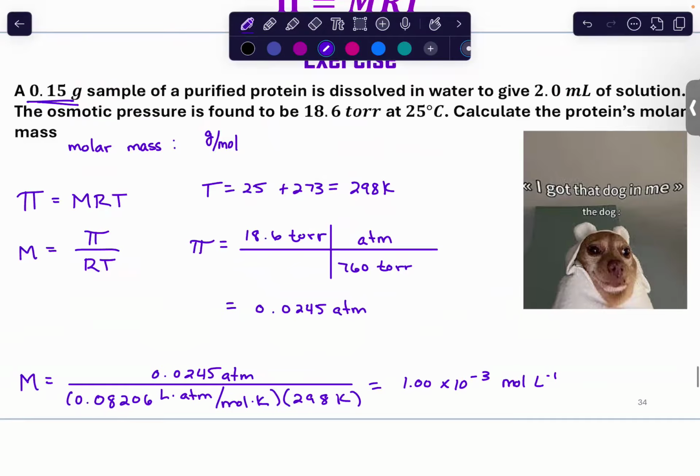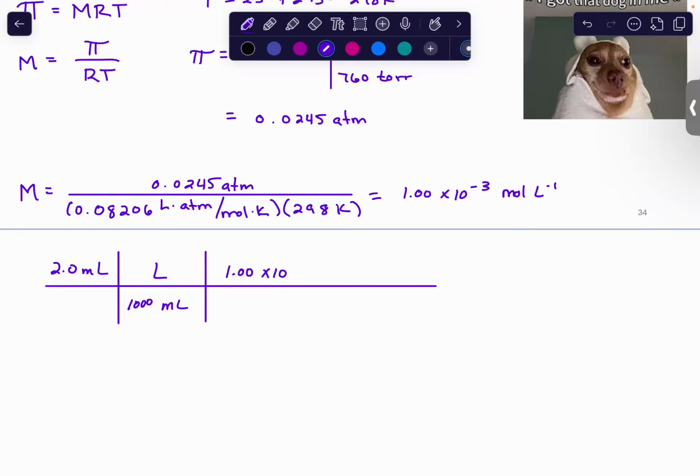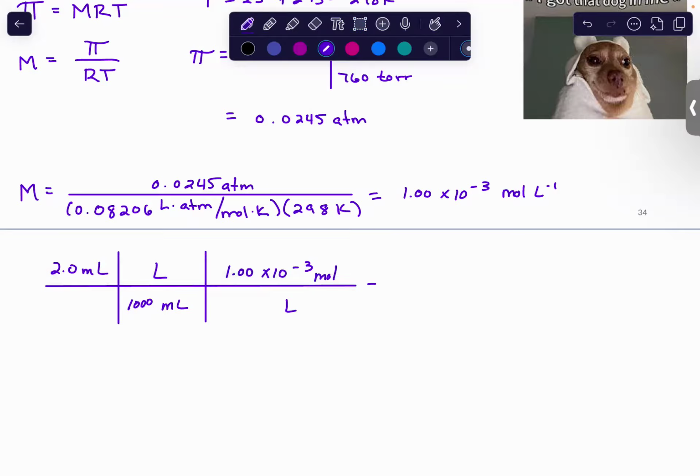And if you look, I have 2 milliliters of solution. So this will give me 2.0 times 10 to the negative 6 moles of our protein.